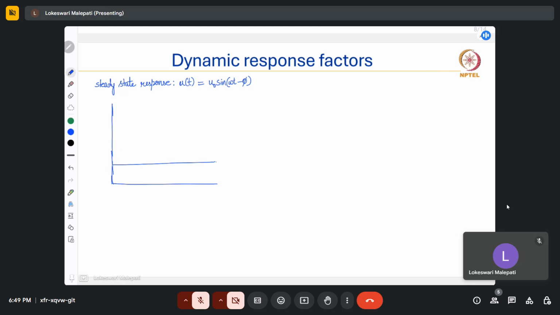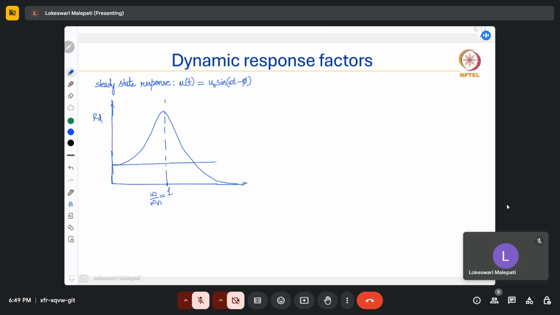It will be something like this. So this is 1, the frequency ratio of 1, and this is the displacement response factor or the deformation response factor.